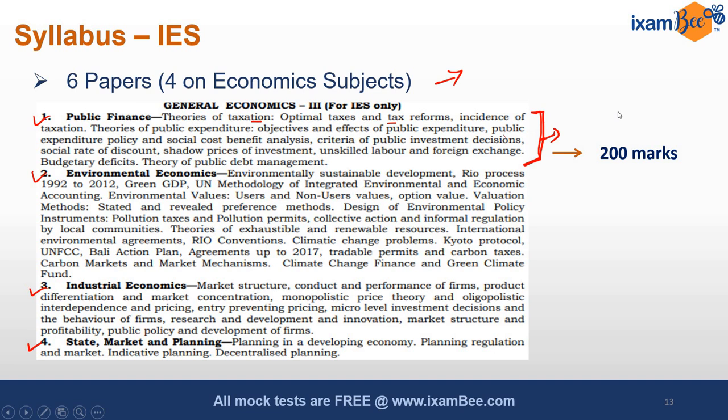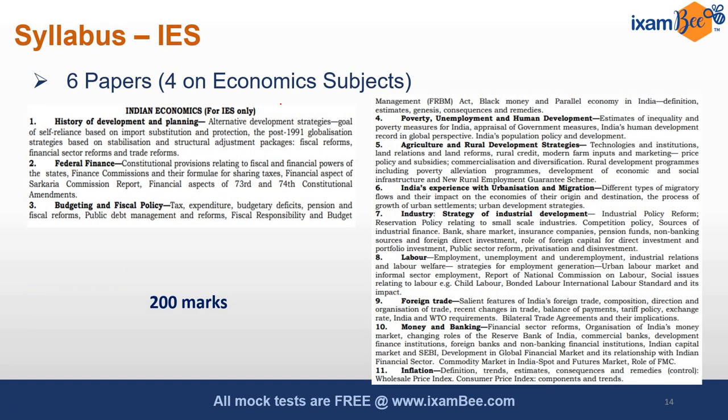Then paper 4 is on Indian economy. So this paper on Indian economy covers both the static and the dynamic portion. It covers the history of Indian economy, how development and planning evolved, federal finance, budget and fiscal policy, the FRBM Act, and labor, foreign trade, money and banking, inflation. Okay. So you need not cover money and banking, inflation, all these things separately, because these are repeated topics. These are also there in your paper 2 syllabus, right?